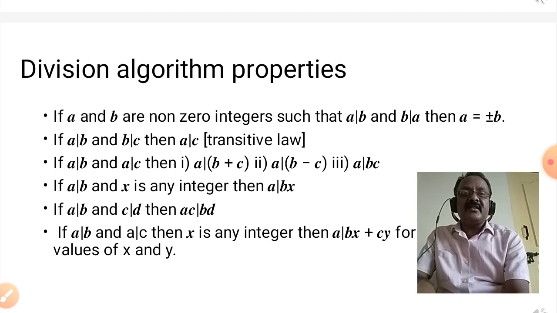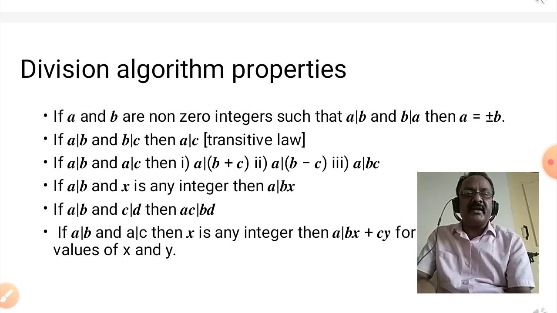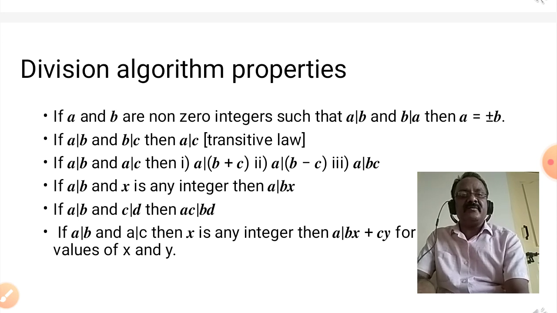Another one, the third condition: a divides b and a divides c, then a divides b plus c. It's an addition. a divides b minus c, subtraction, and a divides bc, a multiplication. And the fourth one: if a divides b and x is any integer, then a also divides bx. If a divides b and c divides d, then the multiplication ac divides the multiplication bd, that is ac also divides bd.